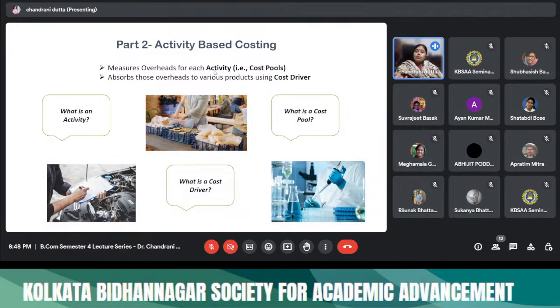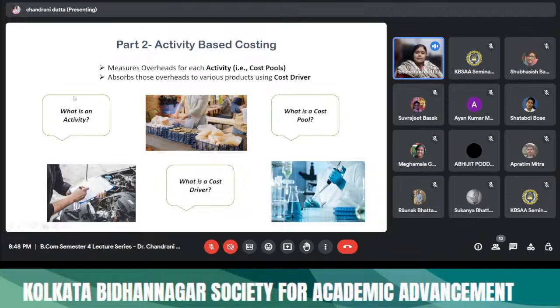It's because you're performing these activities, that's why you're incurring the cost. So why not set up a link between the cost and the activity? Why not set up a link between the overhead incurred and the activity? So that is the main idea of activity based costing method.